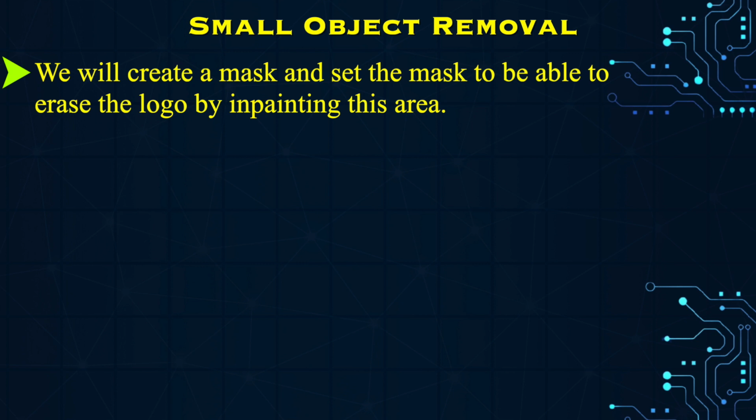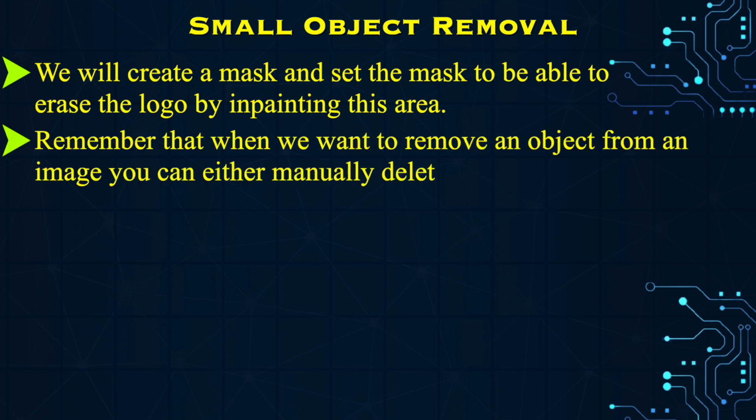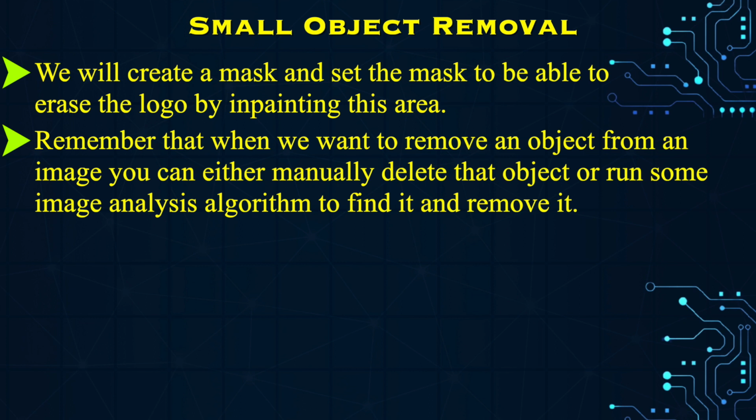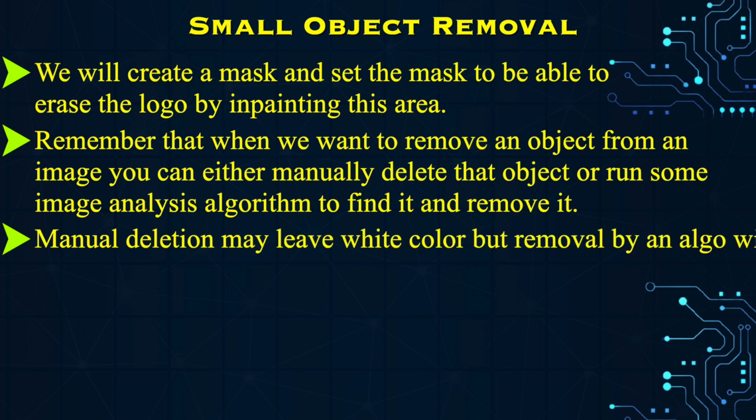When we want to remove an object from an image, we could manually delete the object, but then there will be white color, and if you remove this object with the help of image inpainting, the color will be as per the background.